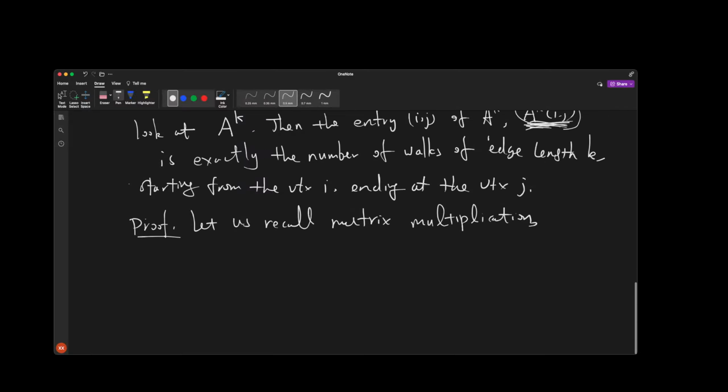For example, you put A squared, which gives you what? So you have aij, which is an n by n matrix, and aij again, the same thing, which is an n by n matrix.